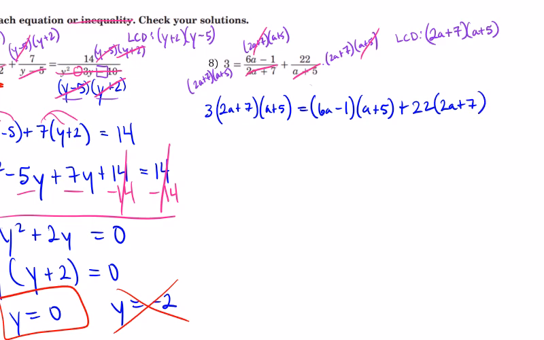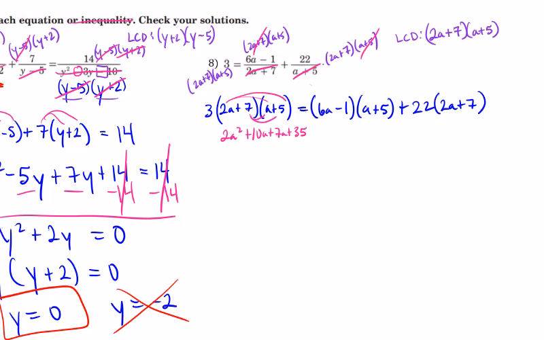Okay, so now we just have some work to do here. We have some foiling, so I'm going to do that just right here. So I'm going to put 2a times a is 2a squared, 2a times 5 is 10a, 7 times a is 7a, and 7 times 5 is 35.